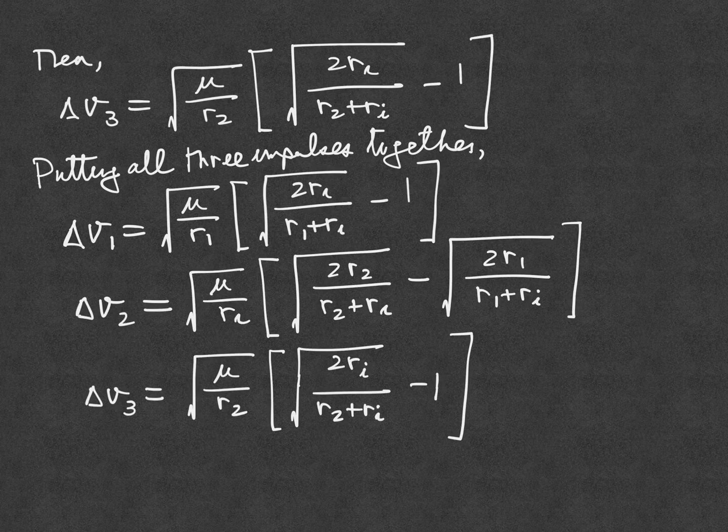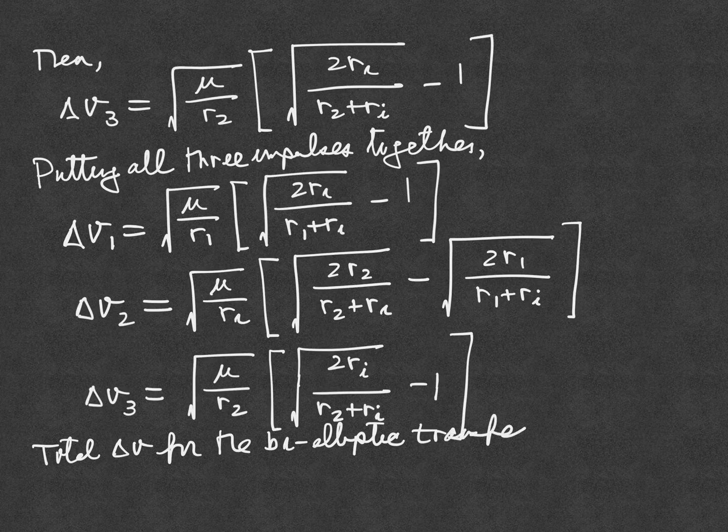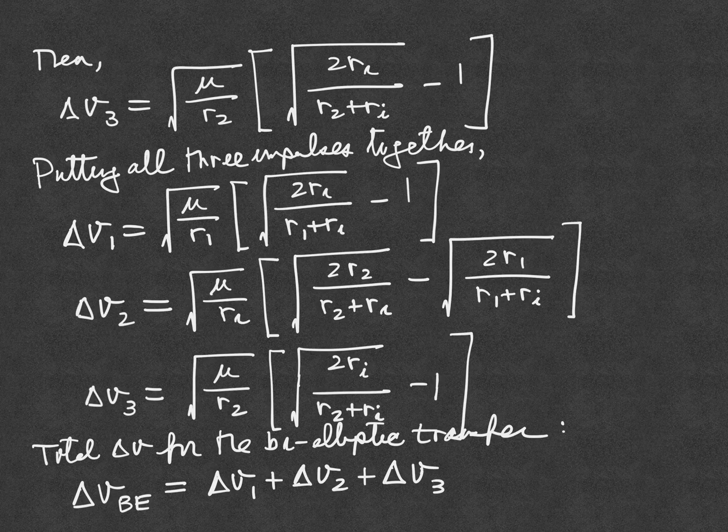So now we have the total delta V for the bielliptic transfer, and that is simply adding these three together. So we have delta V bi-elliptic, I'm going to call that BE, equal to delta V1 plus delta V2 plus delta V3.